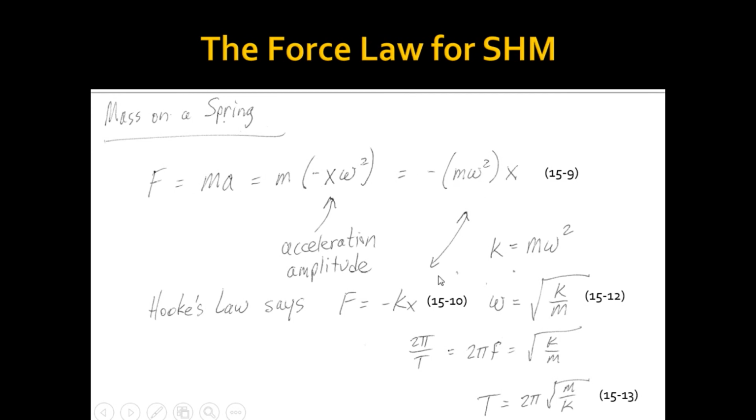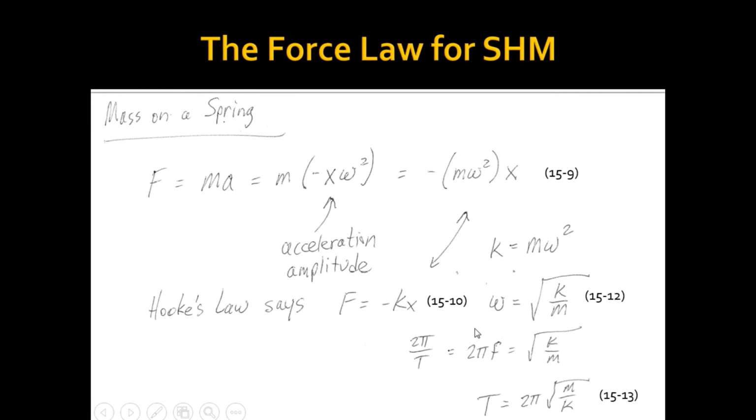Well, if we relate this to Hooke's law, we know that the force is equal to negative kx. So we look at these two equations and we see that m omega squared is k. Knowing that k, the spring constant for the spring, is equal to the mass that's oscillating times omega squared, I can solve that for omega, and I get omega is equal to the square root of k over m.